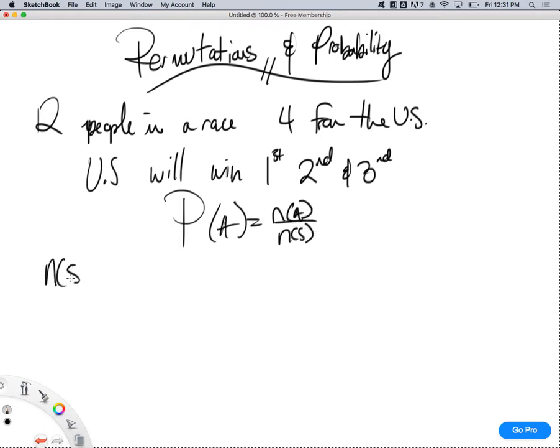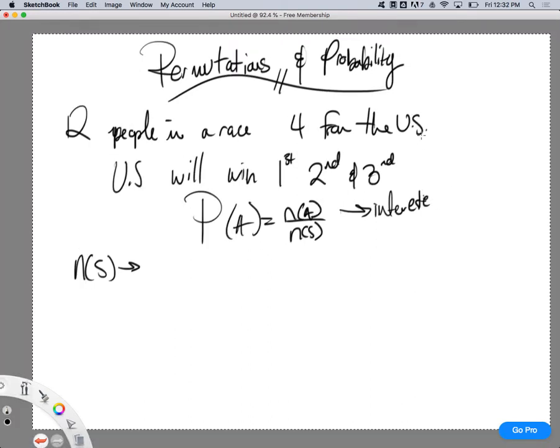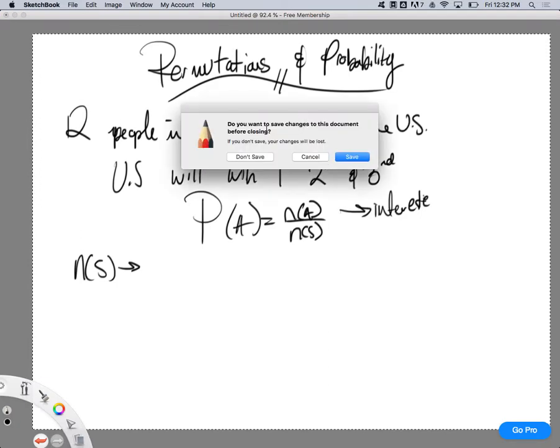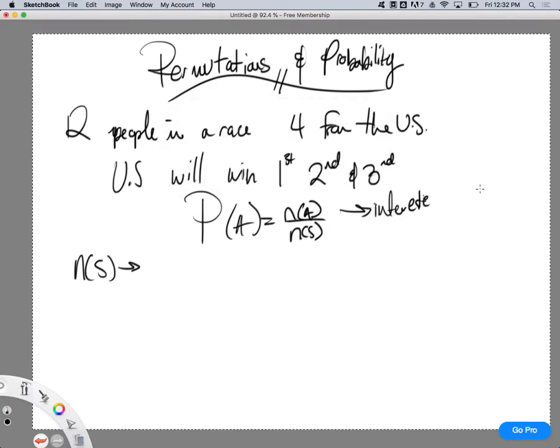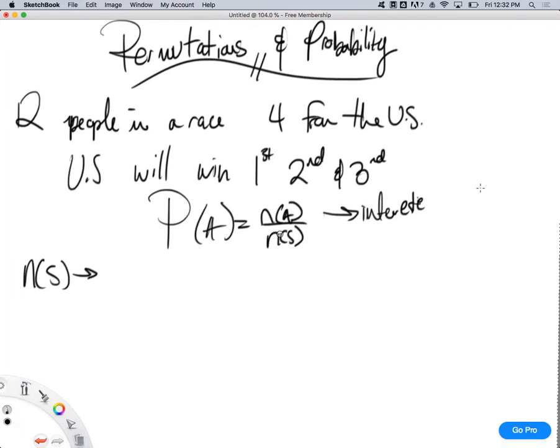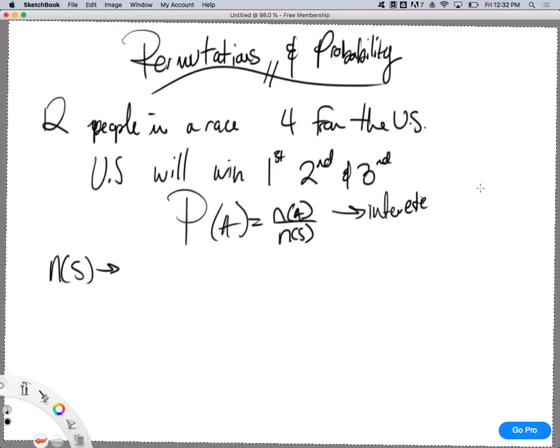N(A) is what I'm interested in, and N(S) is all the possibilities.